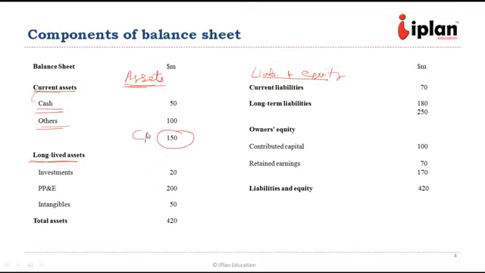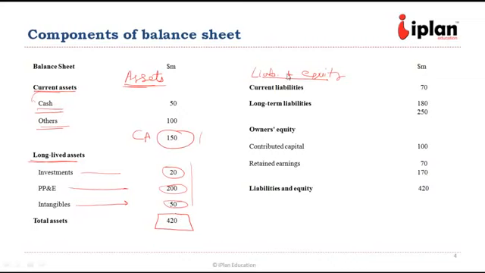This is current asset. Long-term assets or long-lived assets are investments or property, plant and equipments. There could be intangible long-term assets, for example patents, etc. And this is the summation of all long-term and current assets, that is total assets.